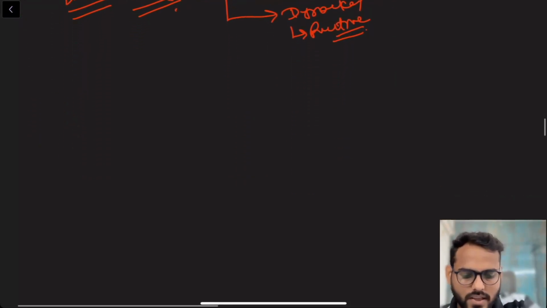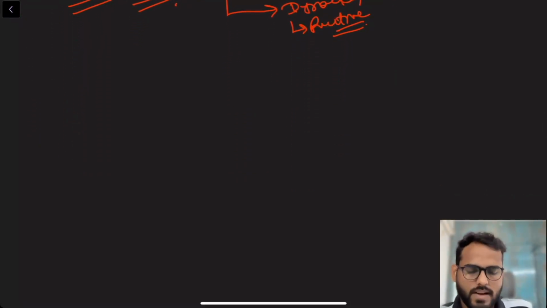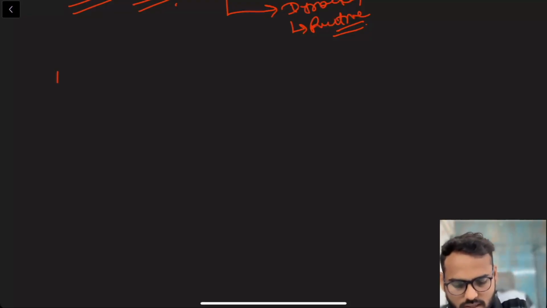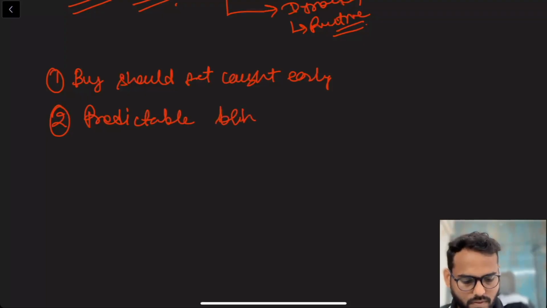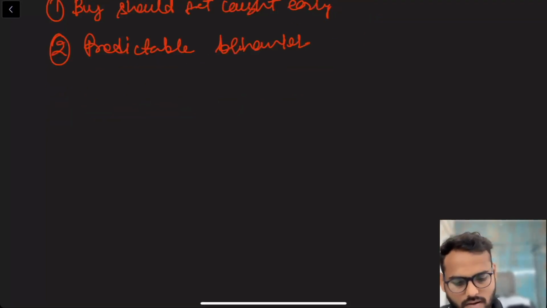Now let me ask you a question here. Let us say I am designing a new language and I want two properties in that language. First is bugs should get caught early, and second is behavior should be predictable. What are our options?